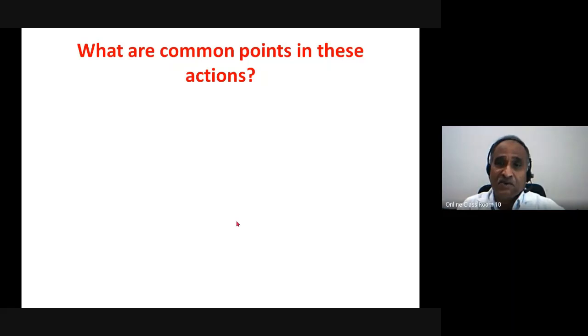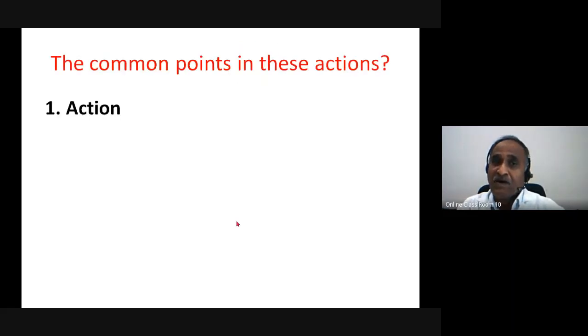What are the common points in these actions? One, action. Action is the one common point. That means producing some movement. By action, I mean producing some movements of the body, movements of the body at will. So that is one, the action.